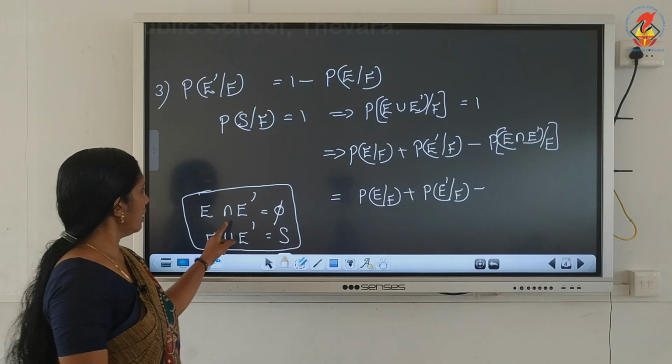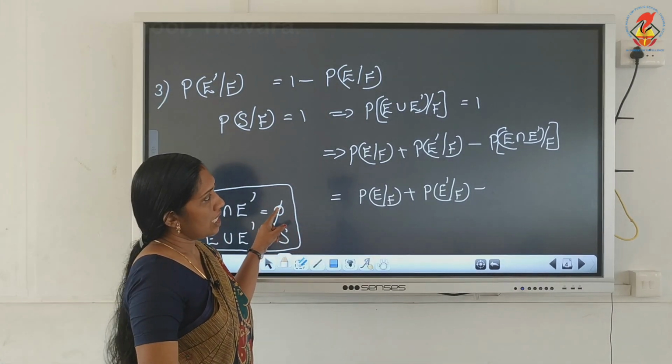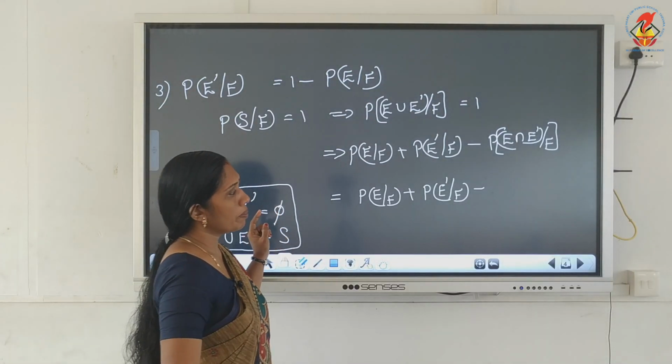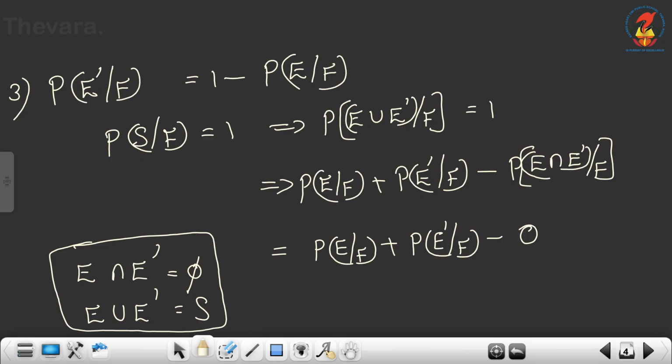E intersection E complement is the null set, so we can say its probability is 0.